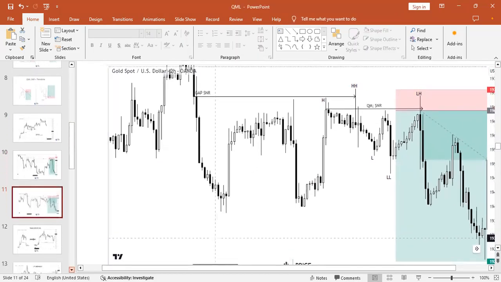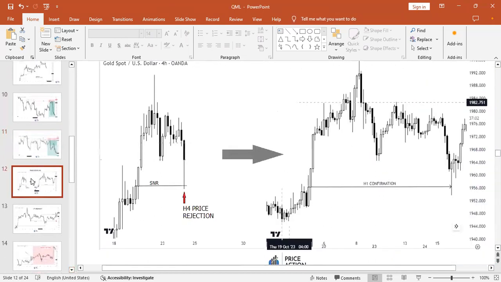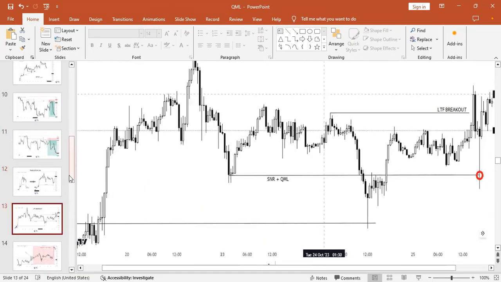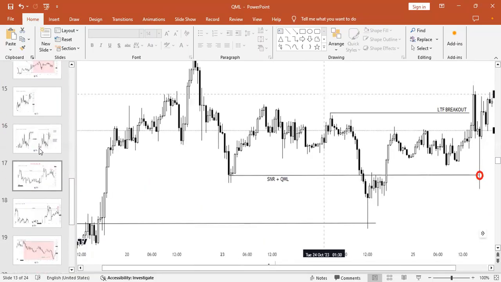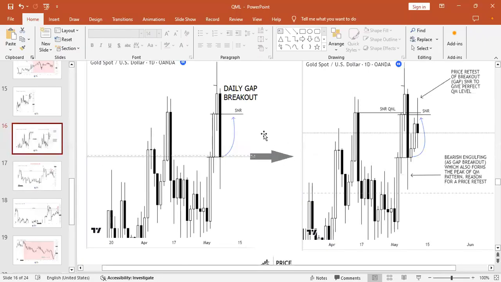You see many examples that we did. There's another one, that previous one. It's an engulfing.